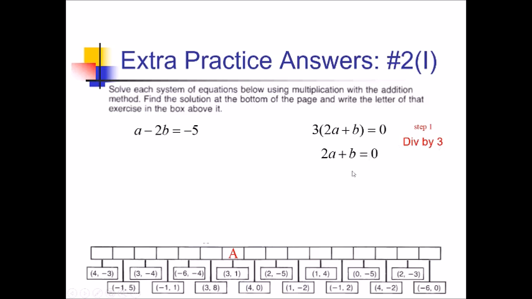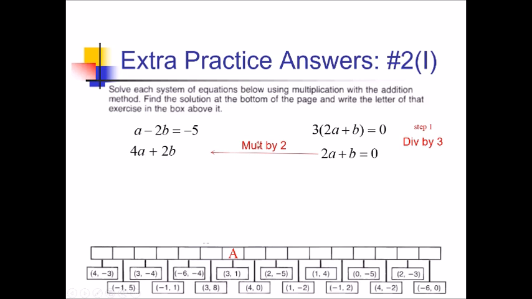Now looking at my two equations, if I add these together right away, nothing is going to cancel out. We have a versus 2a and negative 2b versus b. However, if I multiply this second equation by 2, that will give me something that cancels with this negative 2b. So I'll end up with 4a and positive 2b.